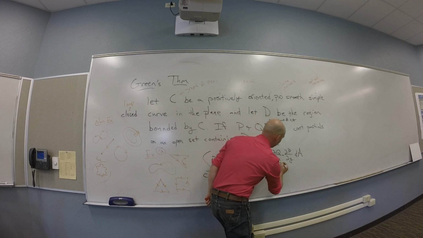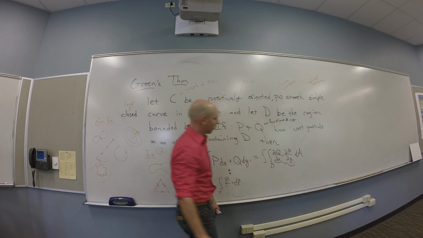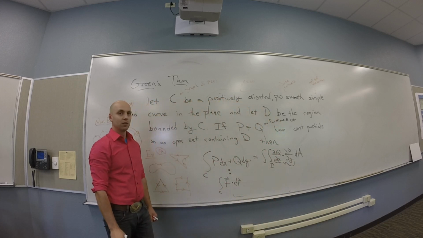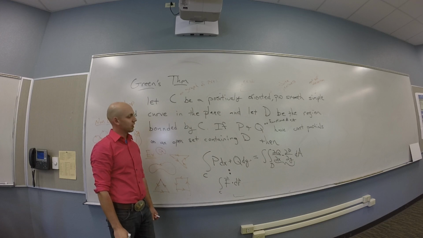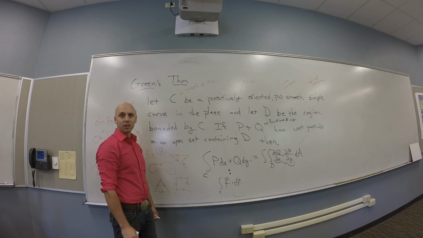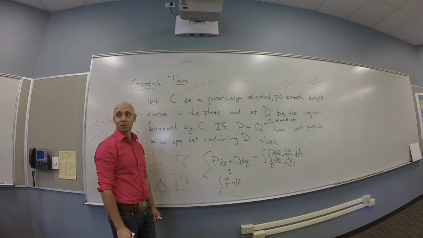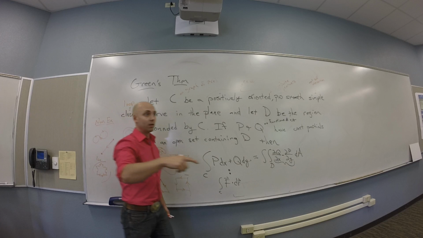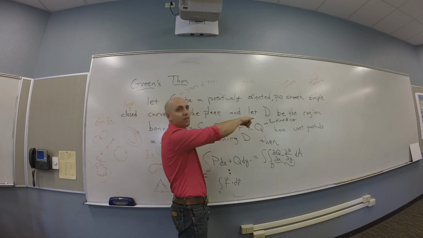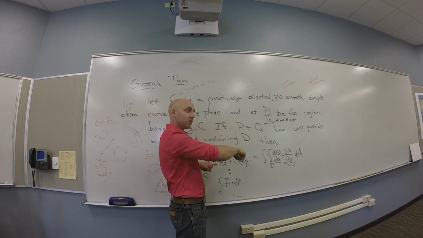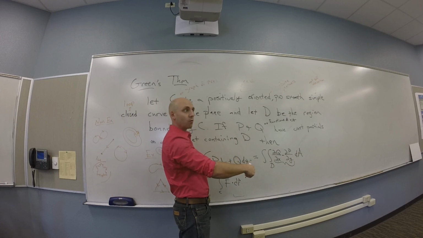This business here, the partial of Q with respect to x minus partial of P with respect to y, what category of thing is that going to be? It's the curl of something, but you don't know what that word means yet. It's a function. P and Q are functions of x and y, right? They're the components of a vector field, so they're a function of x and y.